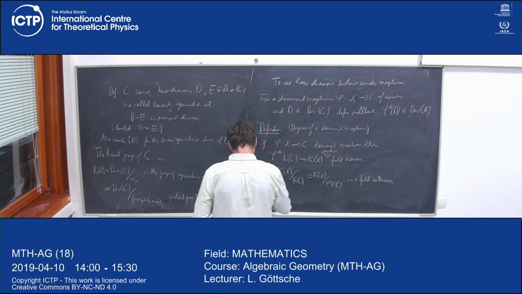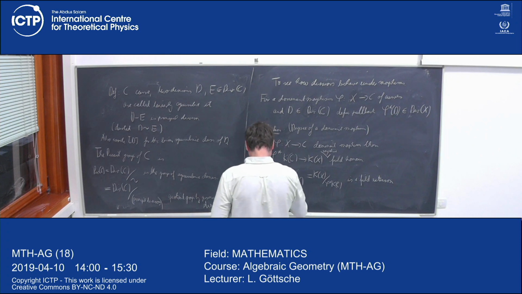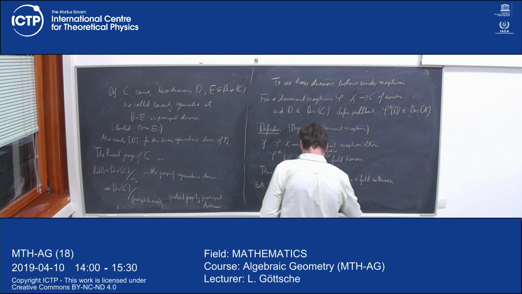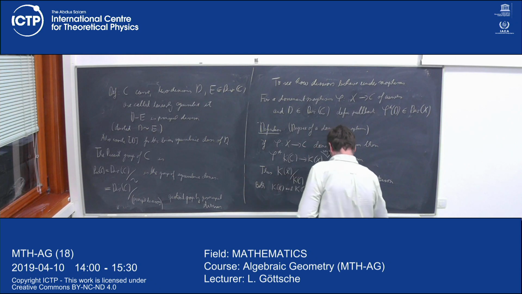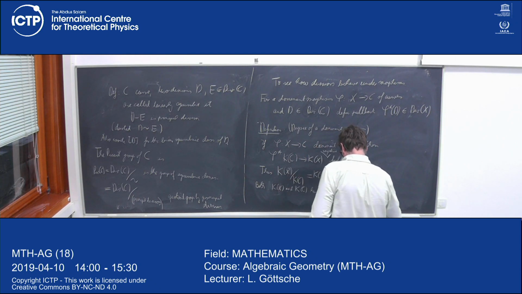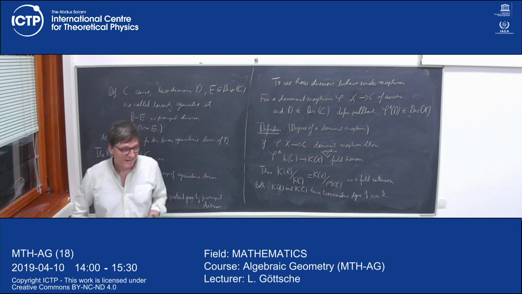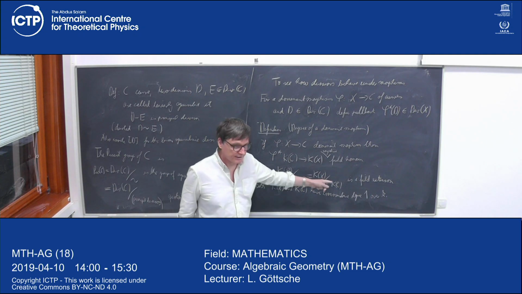So both Kx and Kc have transcendence degree 1 over K. Then maybe it doesn't directly follow, but it will follow from this that this is a finite field extension.